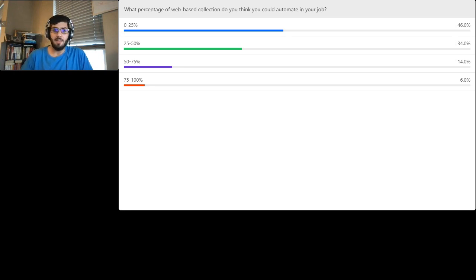A lot of the times on the SOAR SOC use case, the percentage is going to be a little bit higher versus the average analyst, who is usually tasked with much more specific, highly manual collections. So this does make sense, but it's great to see that about 50% or so, just over, do see that at least a quarter, if not more, of the web-based collection could be automated. So that's just really good to see.